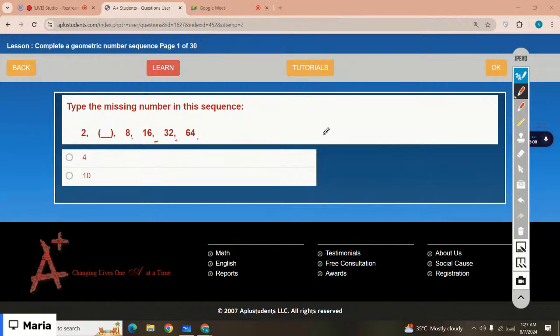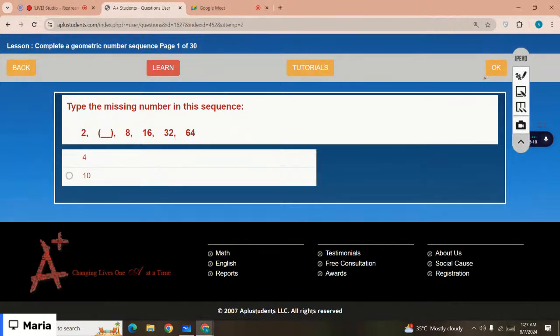Yes, the missing number is 4, right? The pattern is growing by multiplying by 2 each time, like you can see here. 8 times 2 is 16, 16 times 2 is 32, and 32 times 2 is 64, right?